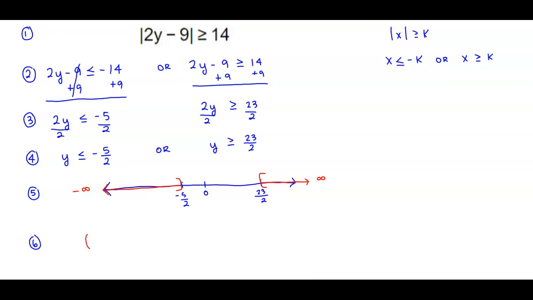So writing this out in interval notation, we have parentheses negative infinity, comma, negative 5 over 2 with a bracket, union, bracket, 23 over 2, comma, positive infinity. Let's go ahead and write this answer.